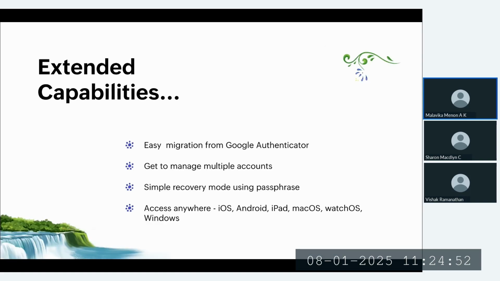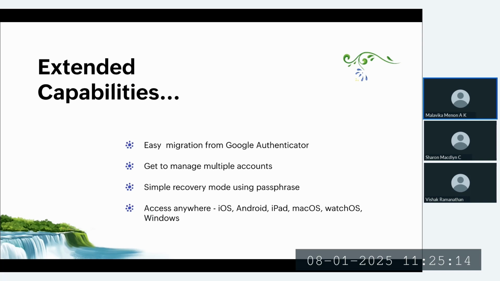Now, some of the additional capabilities that are part of Zoho OneAuth is that you can easily migrate from Google Authenticator. If you're actively using Google Authenticator, we have an option to migrate from Google, and you can manage multiple accounts from OneAuth itself. Let's say you have lost access to OneAuth.